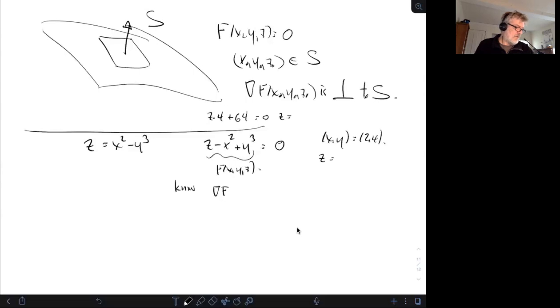So z would be minus 60. So the gradient at 2, 4, minus 60, unless I made a silly mistake, is perpendicular to the surface at that point, right?